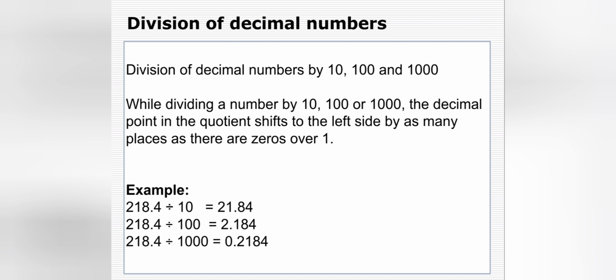So the answer is 2.184. And while dividing it by 1000, 218.4 divided by 1000, the decimal point will move to the left side by 3 places and our answer is 0.2184. Children, isn't it very simple?